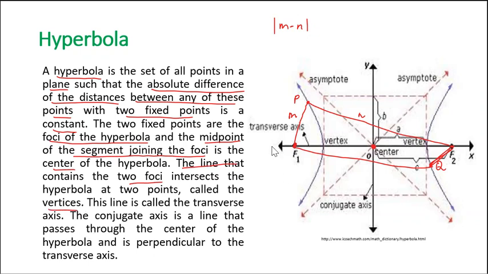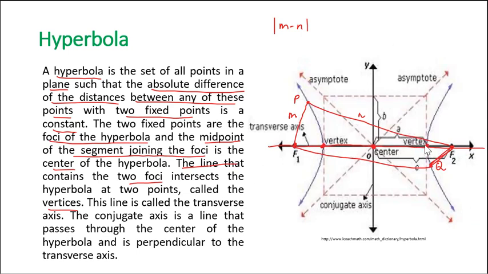So if we draw a line passing through the foci, the line will intersect the hyperbola at these points, which we call the vertices.